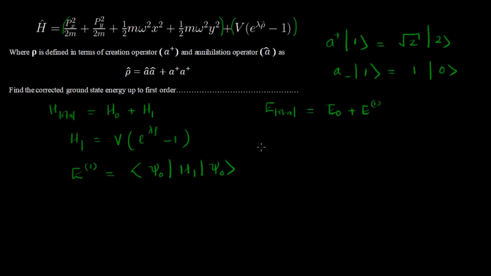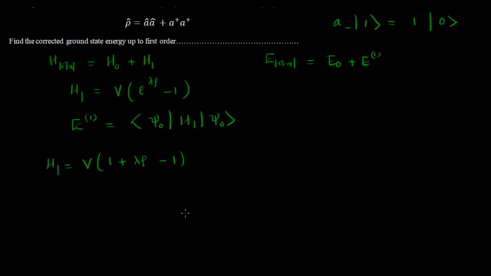So how do we solve this using bracket notation? I'm going to rewrite H1 as V times the exponential, and Taylor expand it to first order, because we need the energy to first order. We get 1 plus lambda rho minus 1, and the 1 and minus 1 cancel, so we can write this as V times lambda rho.